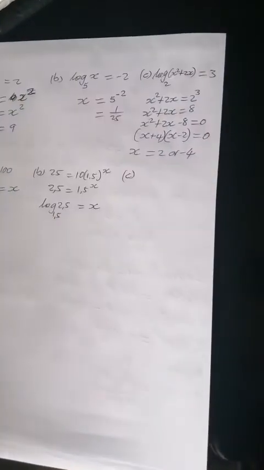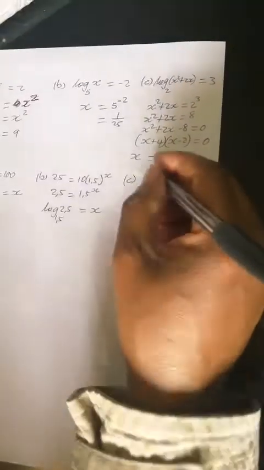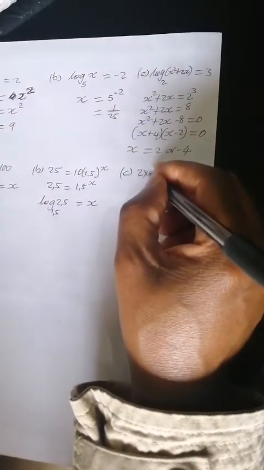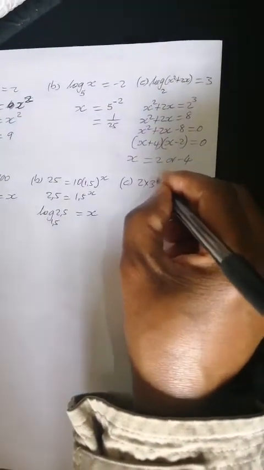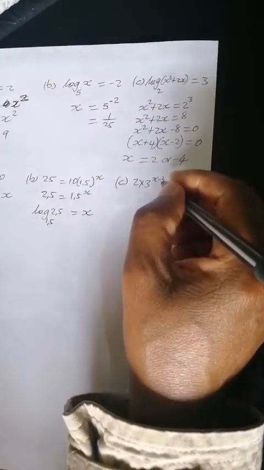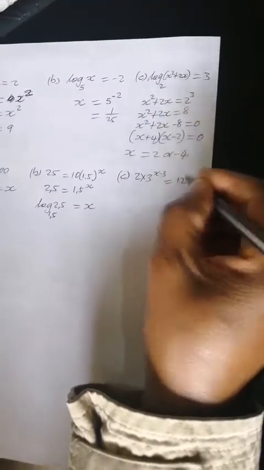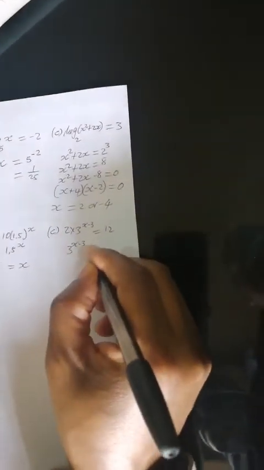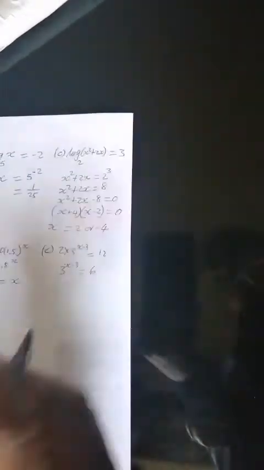Last item on example 2, it is saying 2 multiplied by 3 to the power x minus 3 is equal to 12. Now first divide by 2, is 3 to the power x minus 3 is equal to 6.